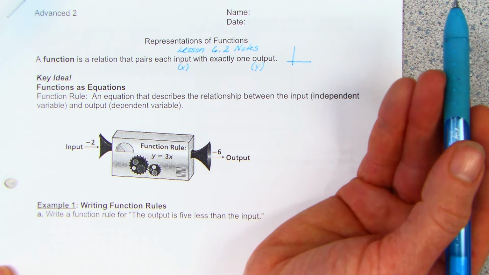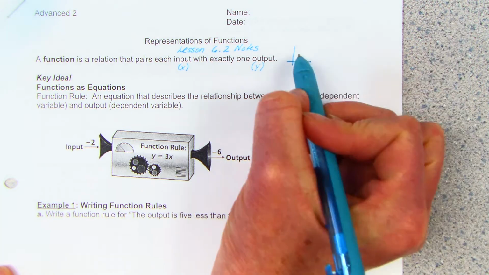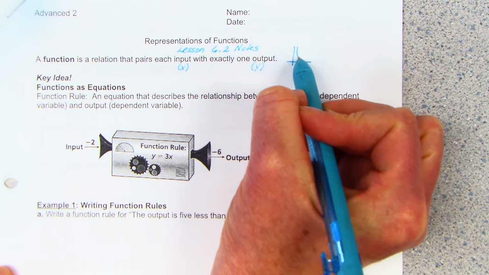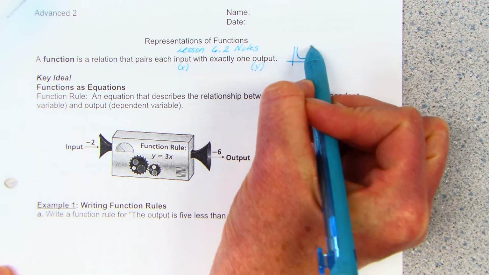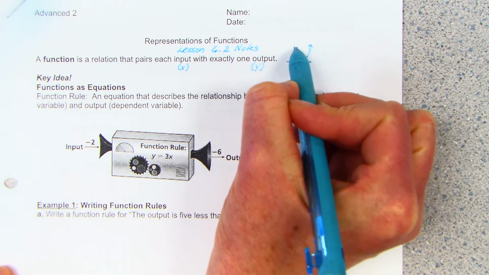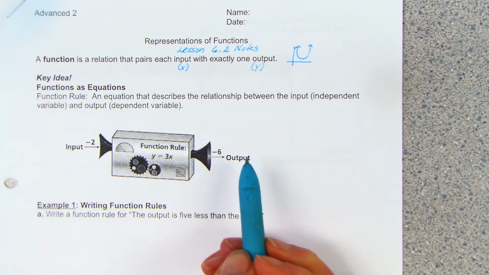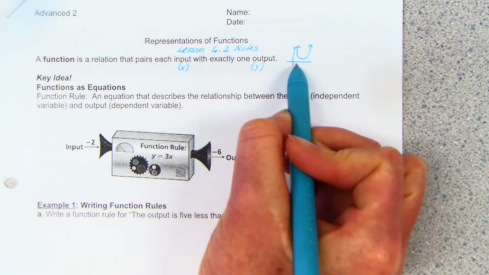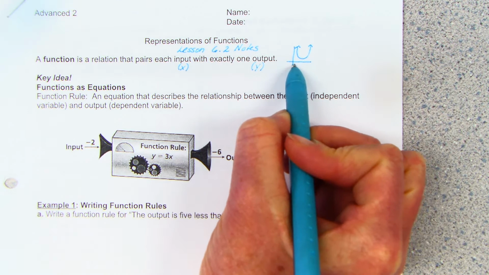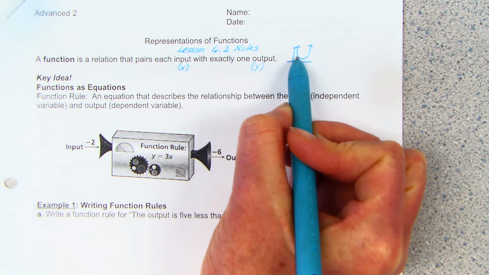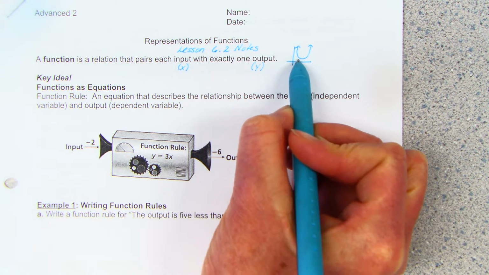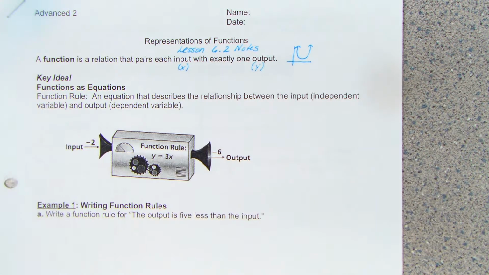But there are some things that aren't lines, right? You could graph something that looked like that. It could look like a parabola. If you graph this, I can see that as I go over on the x-axis, every time I go over to an x, I can come up and touch the graph.